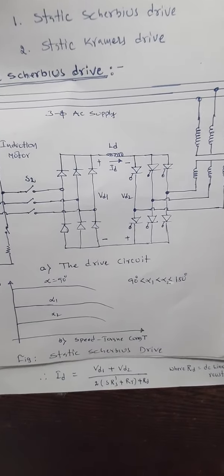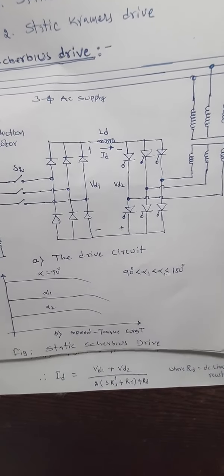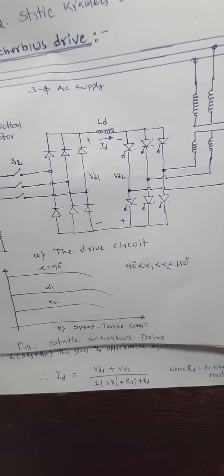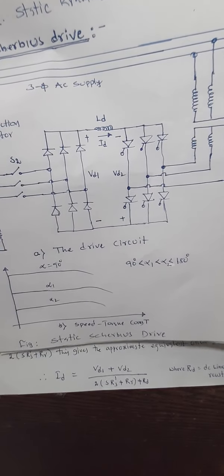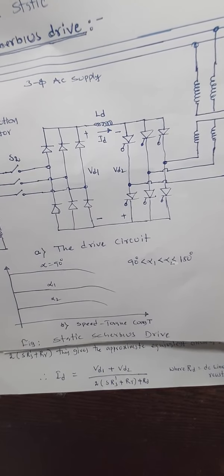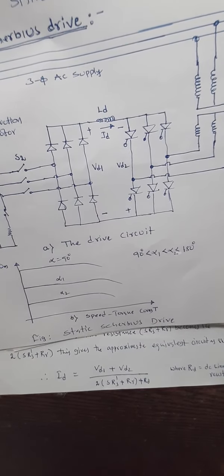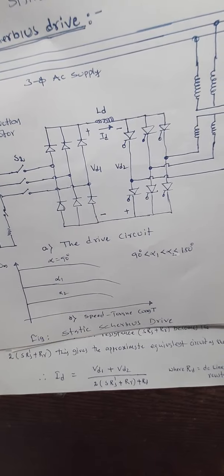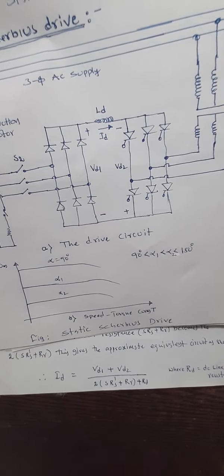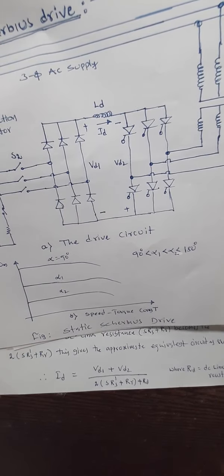Here is the architecture of the static Scherbius drive. In this drive, the stator is fed with three-phase AC supply, and the slip power is collected and fed to a diode bridge, which converts AC into DC.